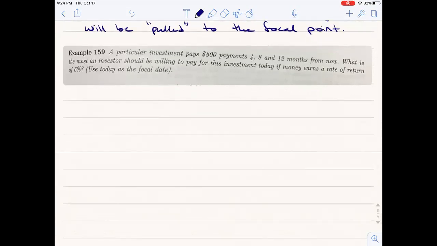So like I said, when we're drawing our timeline, right, we want to try to figure out, okay, how many dates do I have? Because that's how I'll start with all my ticks on my timeline, right? And so I know I want to have a tick at 4 months, at 8 months, and at 12 months, but also from today, right? And it also says to use the focal date as today.